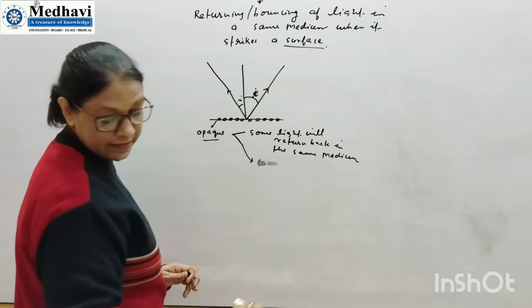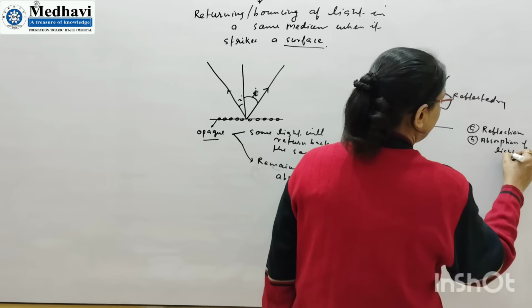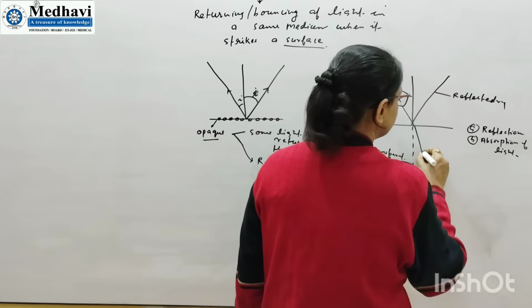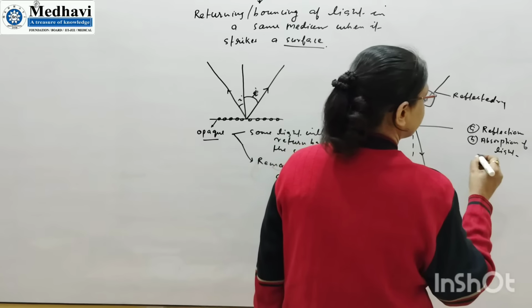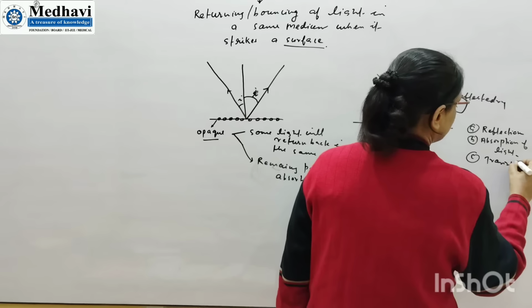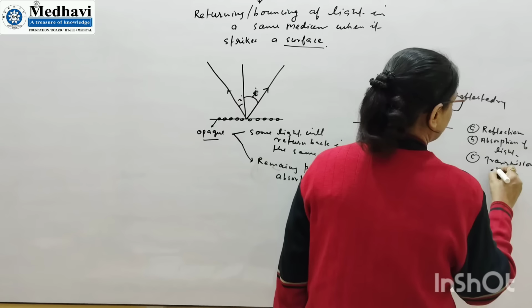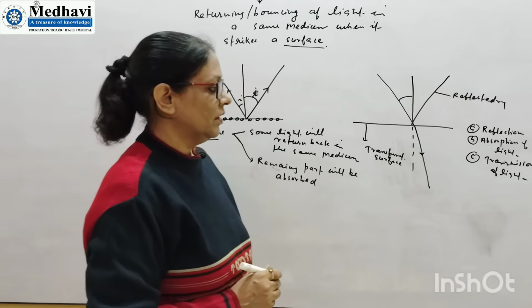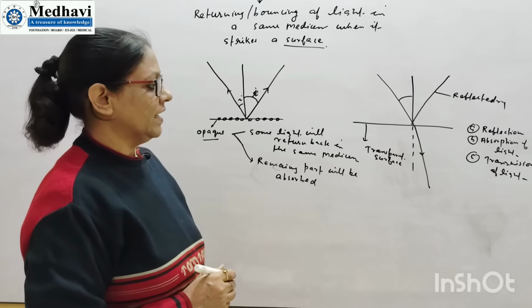First we will see reflection, second is absorption of the light, and the third part is the transmission of light in the second medium, in a different direction.